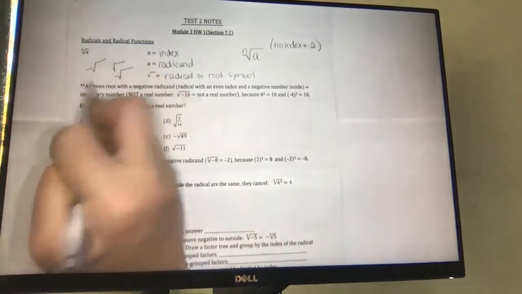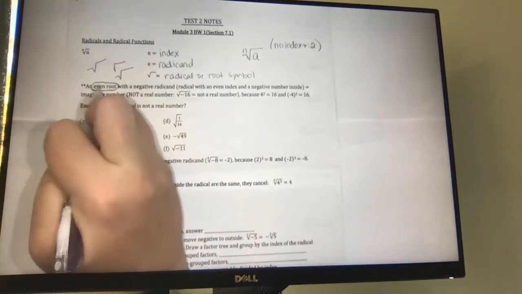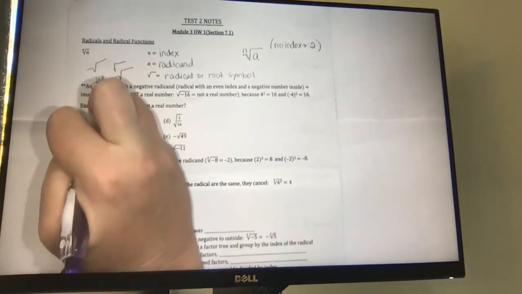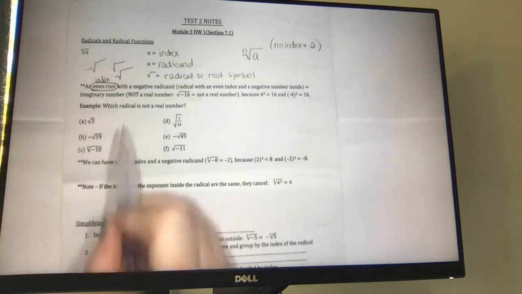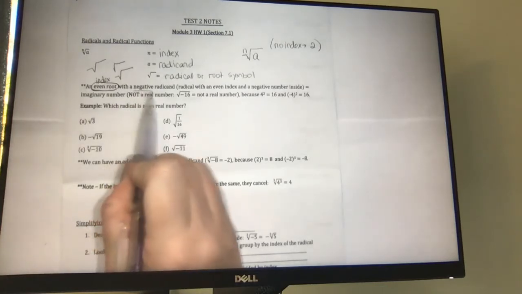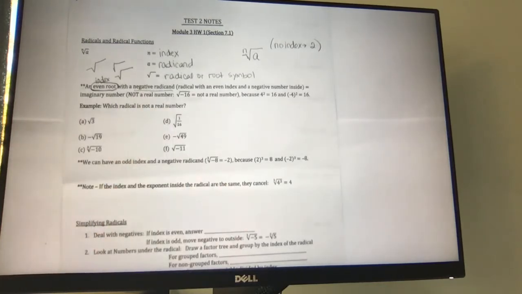If you have an even root, and I should have said even index, sorry, that's me again doing some weird language there. If your index is even, meaning it's a square root or a fourth root or a sixth root or any even root, and you have a negative radicand inside, we have a problem.